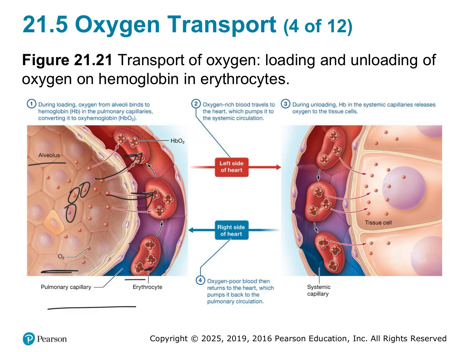And then when we are at the tissue level in the systemic capillaries, we have high partial pressure of oxygen in the blood, lower partial pressure of oxygen in the tissue. So the hemoglobin lets go of the oxygen, and the oxygen then diffuses into the cells.